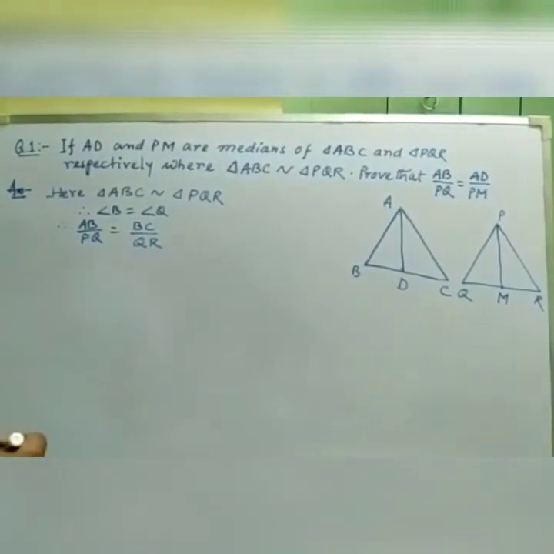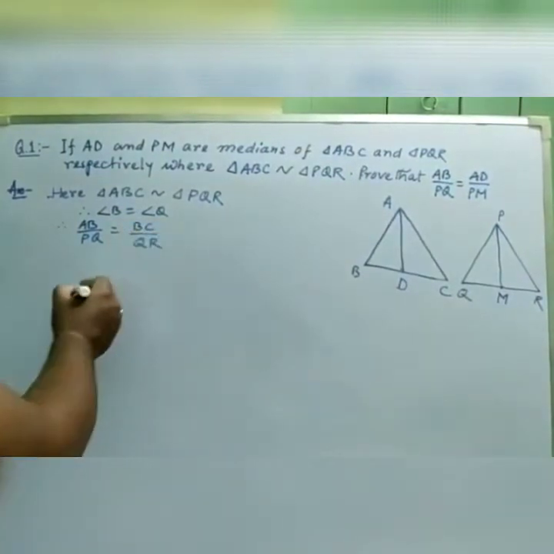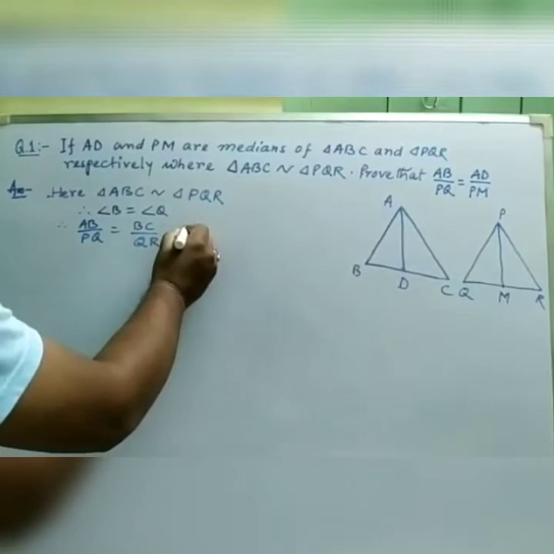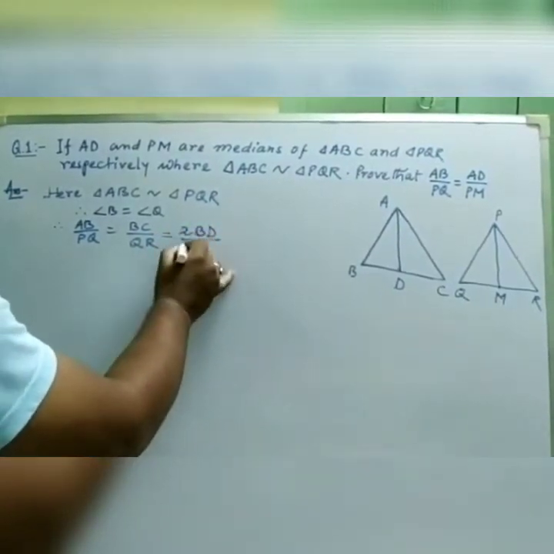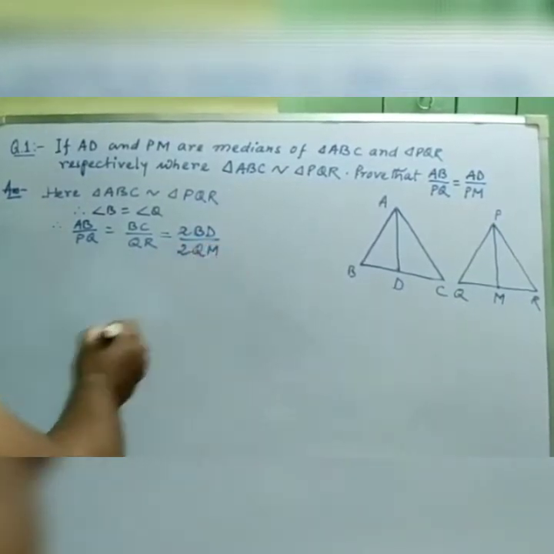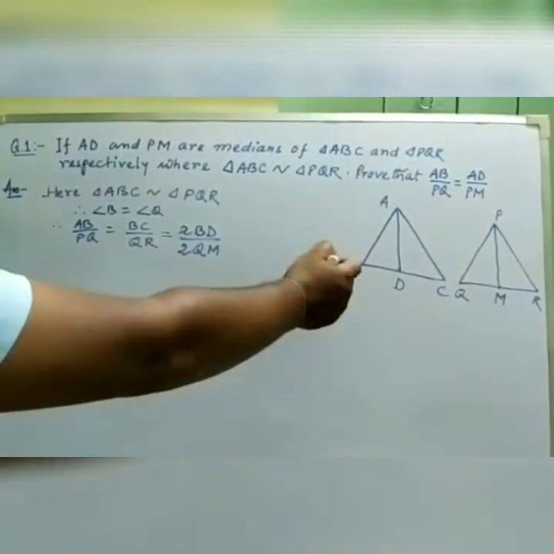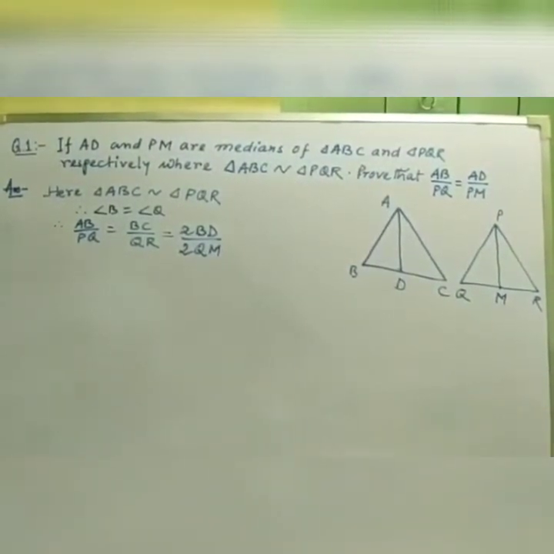We will apply that here: in place of BC we write twice BD, over twice QM, because BC is twice BD and QR is twice QM, as D is the midpoint of BC and M is the midpoint of QR.